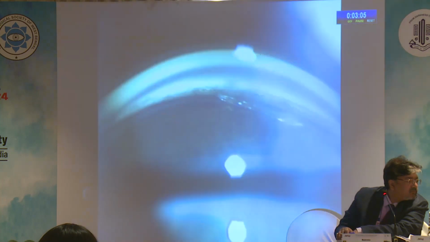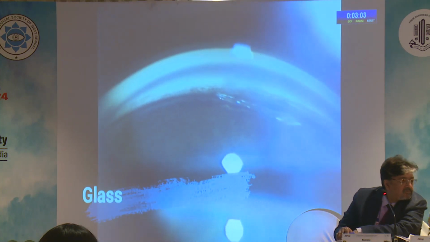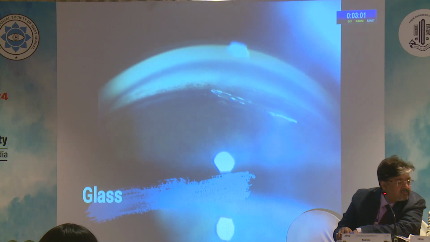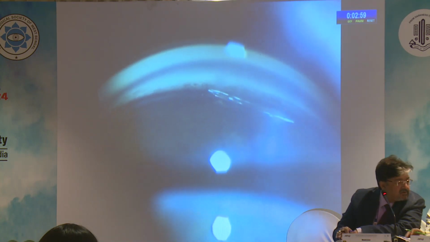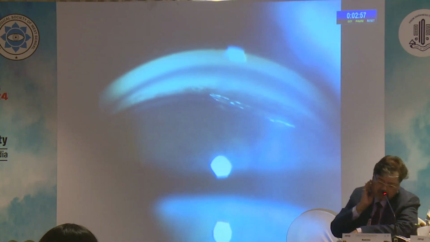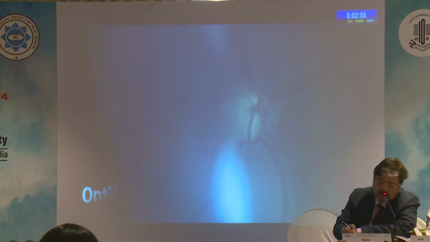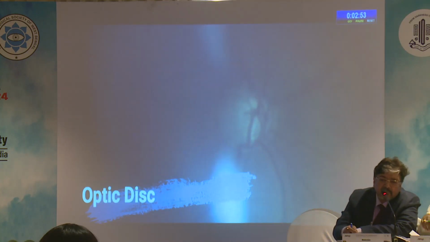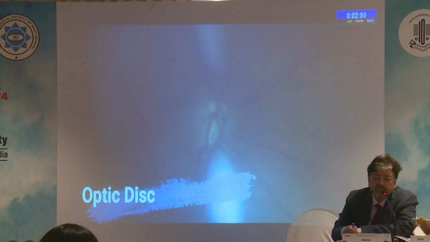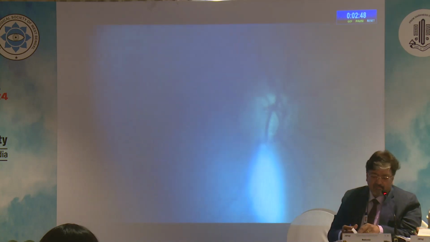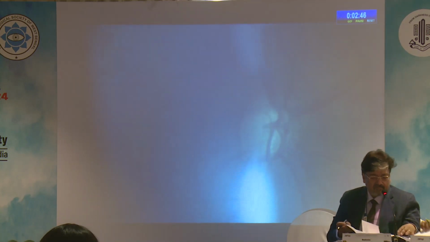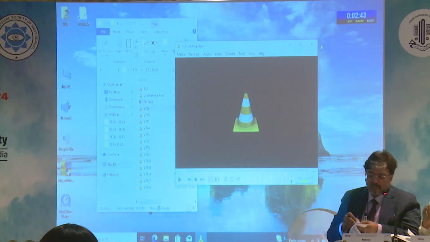Here is a patient who had a glass piece in the angle post-trauma. In the same setting, we can also use the gonioscope to visualize the optic disc. Thank you.